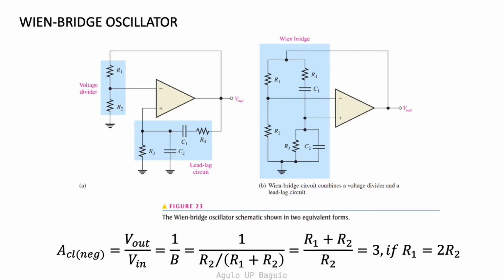If you recall, the closed-loop gain of the non-inverting amplifier is just (R1 + R2)/R2, which are the resistances of the voltage divider network. To sustain the oscillation, you design the circuit such that the closed-loop gain of the negative feedback balances the attenuation at the positive feedback. Since the attenuation of the positive feedback is 1/3, the closed-loop gain should be 3. Thus, R1 must be equal to twice R2.